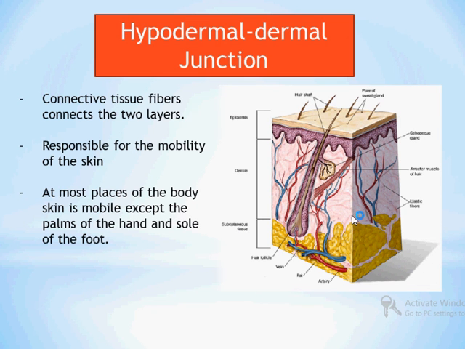For example, if you have very strong fibers, fibers that form a very strong network, the skin won't be able to move over the underlying structures, such as the skin on the palms of your hands and the soles of your feet. If you want to move it, it doesn't move that easily.